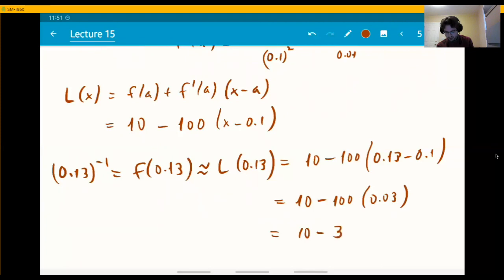So 3, and that's a 7. Well, the inverse of 7 is actually more like 0.142 or something like that. It's a close number to this, so we know that the answer makes sense. The inverse of this number should be very close to 7. This is linear approximation.